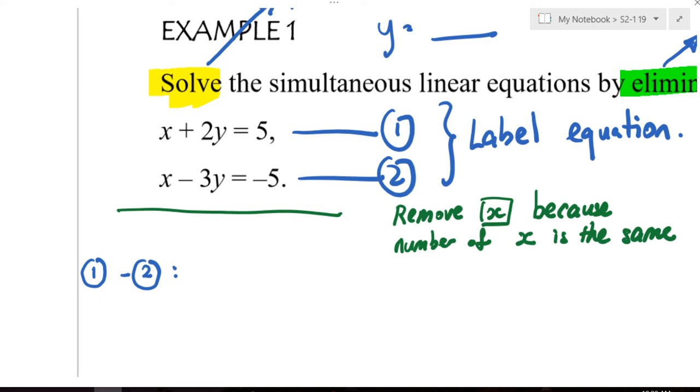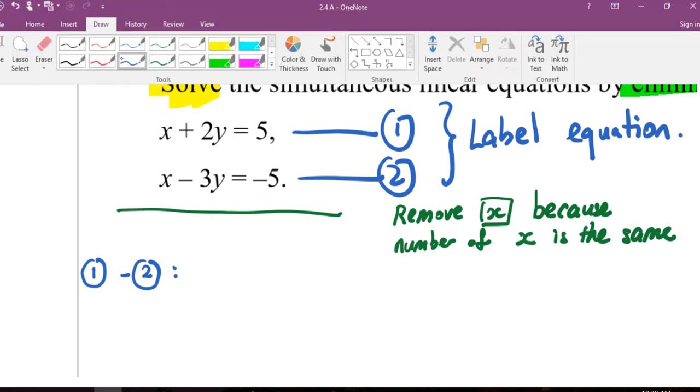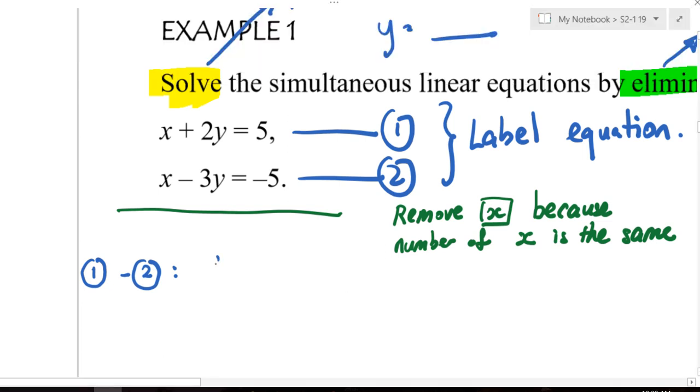Yeah. Now, you see how I write? This is what I write. I will write x plus 2y, which is this thing.